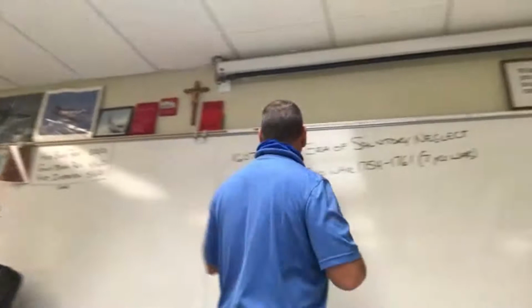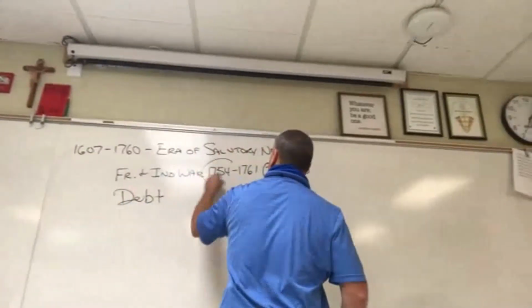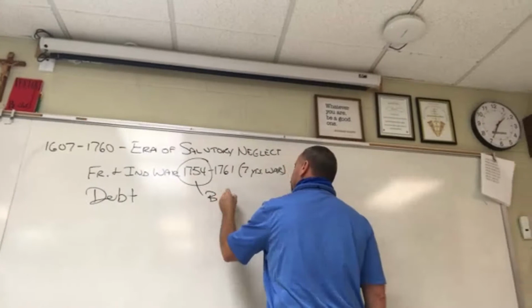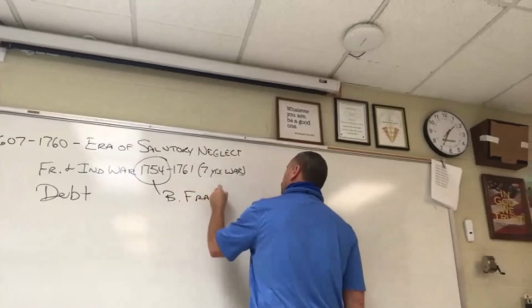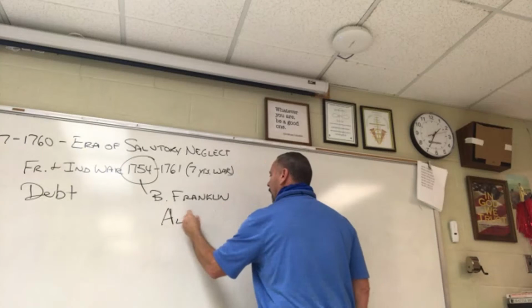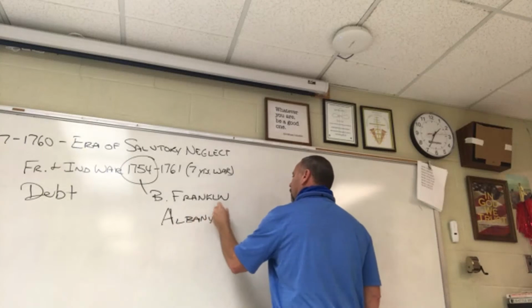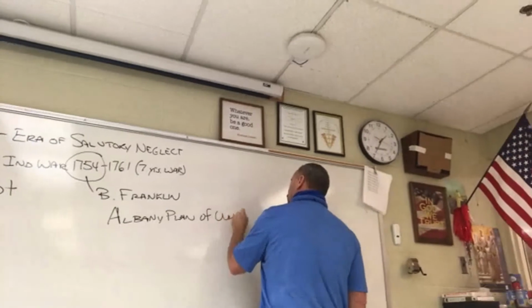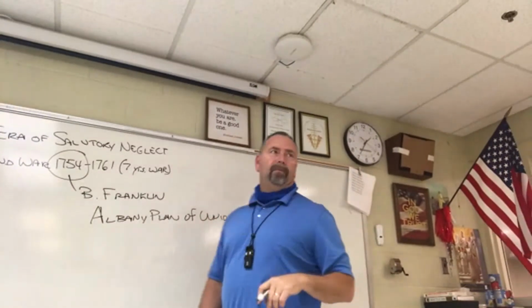Another important thing, real quick, in 1754, on the eve of this war, Ben Franklin proposed a plan called the Albany Plan. You guys remember this? The Albany Plan of Union.